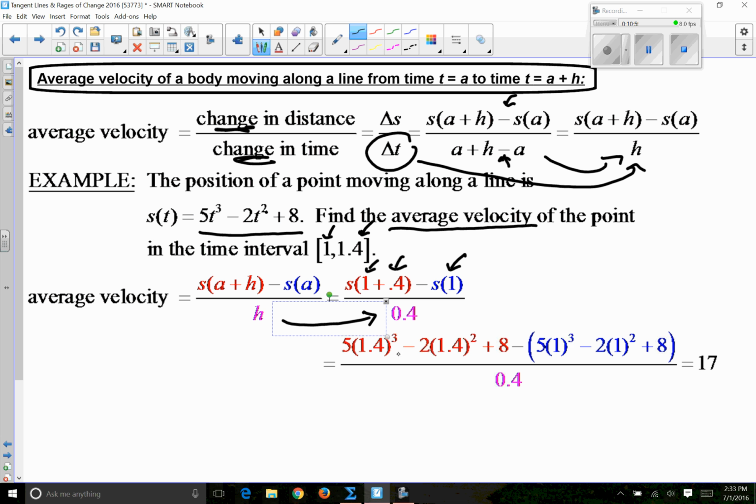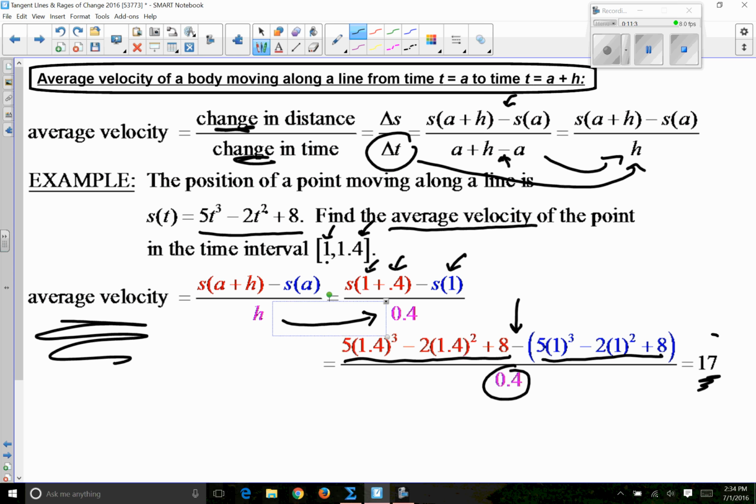So it's the position of the point at time 1.4 minus the position at time equal to 1. And this right here is just the change in time. From 1 to 1.4, the change is 0.4. This calculates to equal 17. That number 17 would be the average velocity over this time interval, 1 to 1.4.